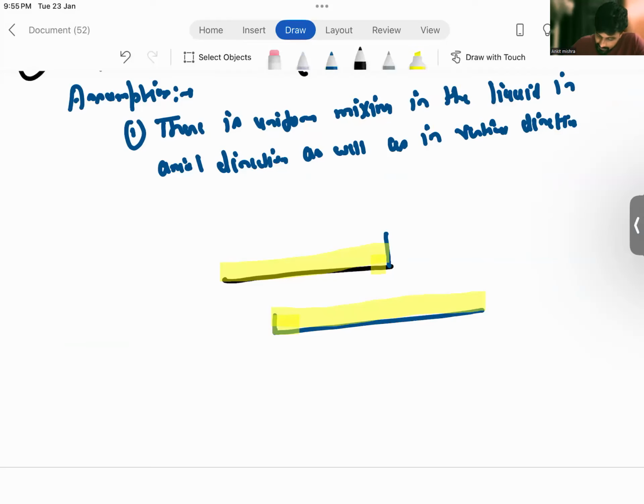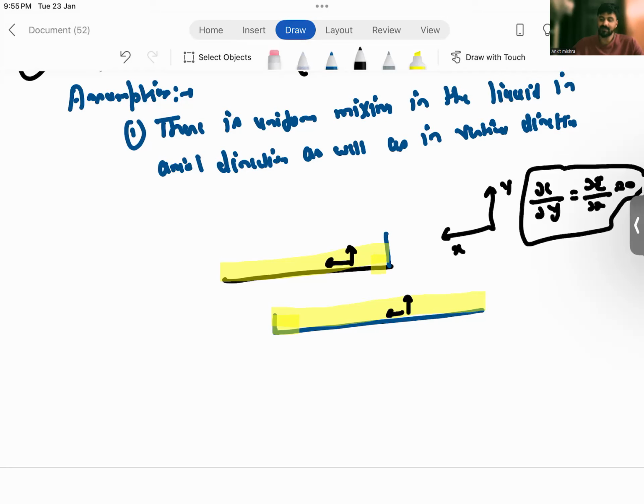If I'm talking about variations of concentration in this direction, in this direction, as well as along this direction, and if I'm talking about y and x, let's say this is the concentration of the more volatile component. Then del c by del y equals del c by del x, which equals 0.